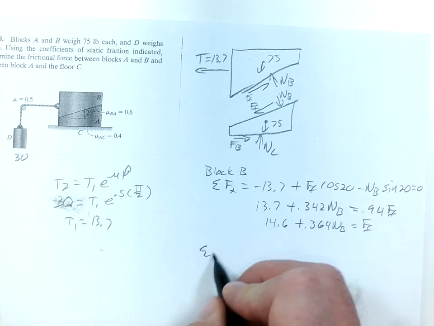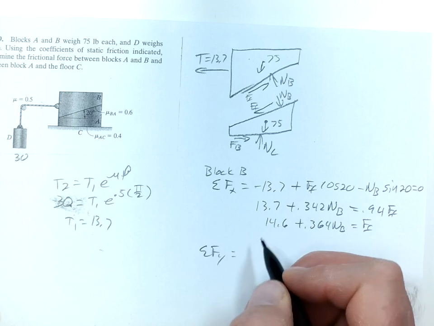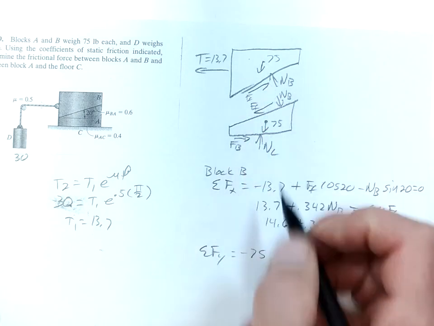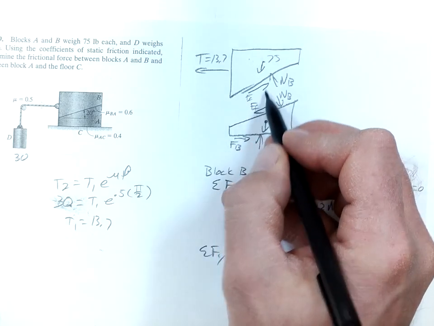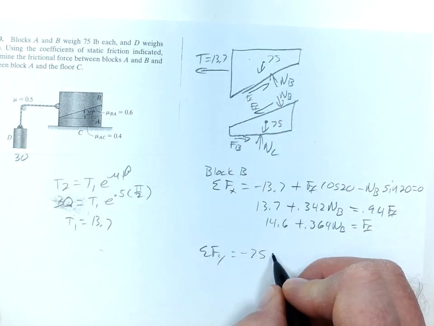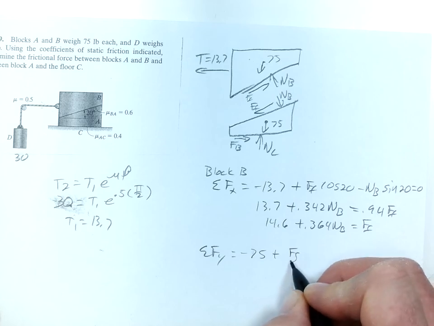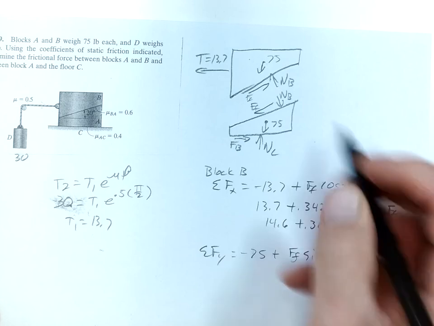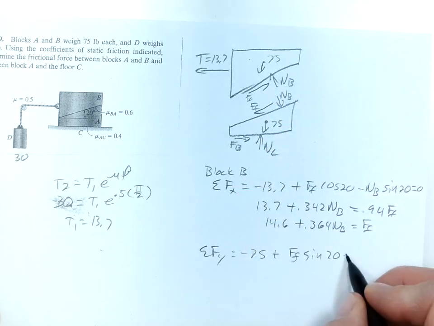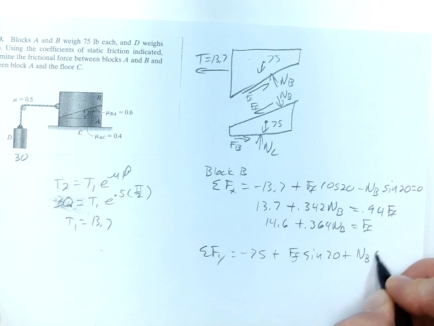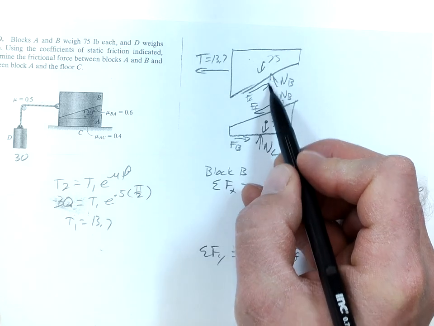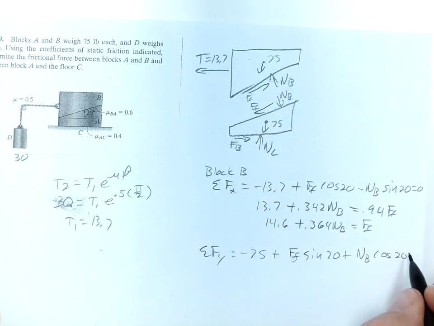Now summing the forces in the y direction, we get 75 down. We get the force of friction going up, so plus force of friction sine 20, and we get NB going up, so plus NB cosine 20, because that's a 20-degree angle right there, so it's going to be going up at 20 degrees, equals 0.